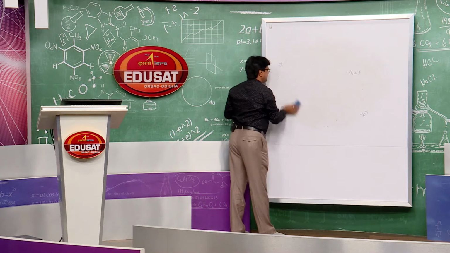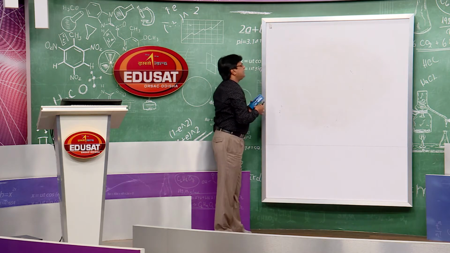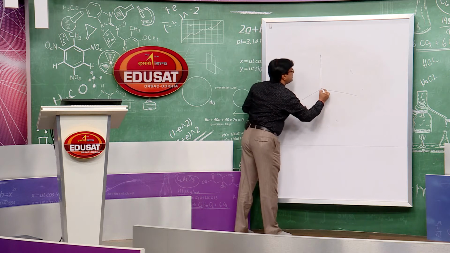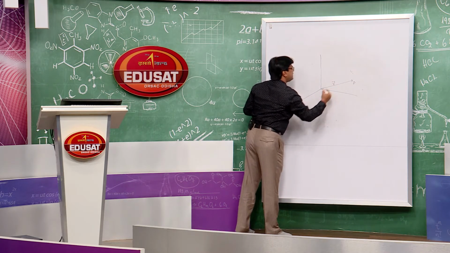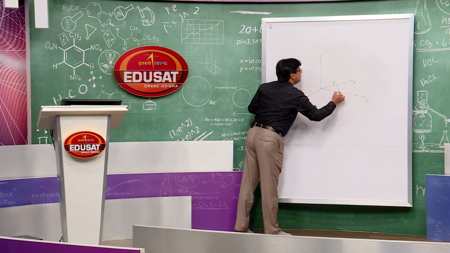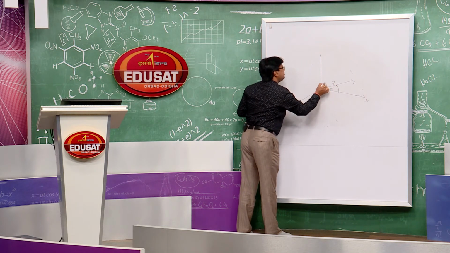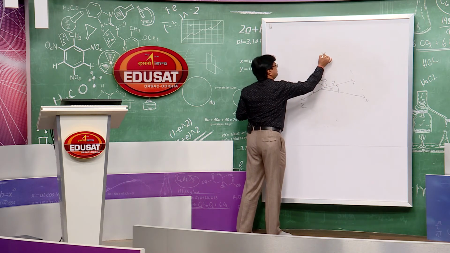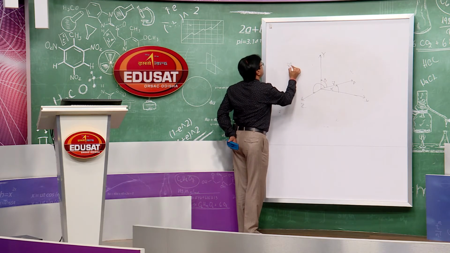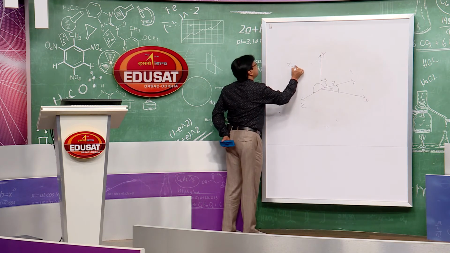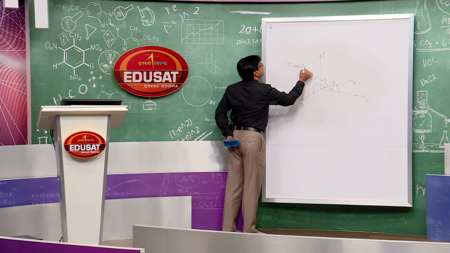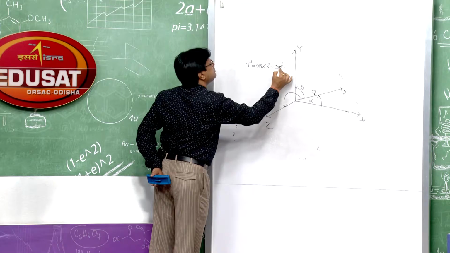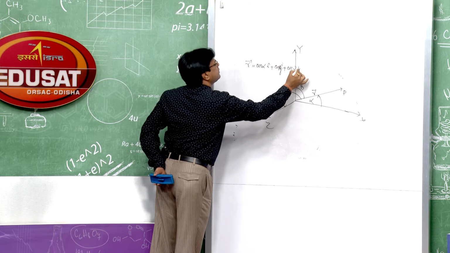Then come to, if a vector makes angles alpha, beta, gamma with the x, y, z axes, suppose this is alpha, this is beta and this is gamma with the z axis, then the R vector can be expressed as R times cos alpha i cap plus cos beta j cap plus cos gamma k cap.